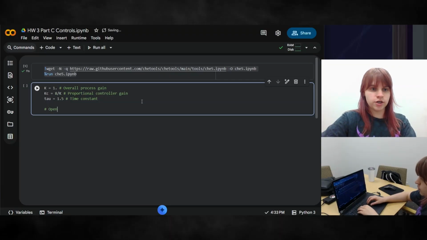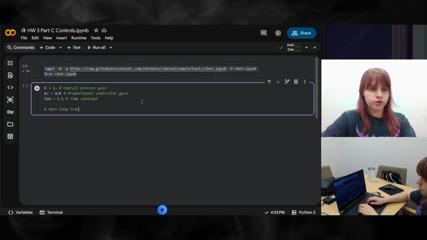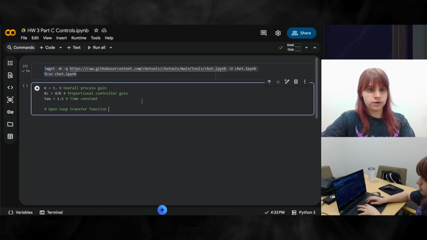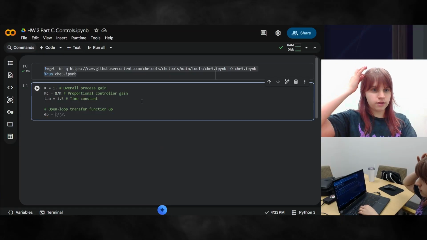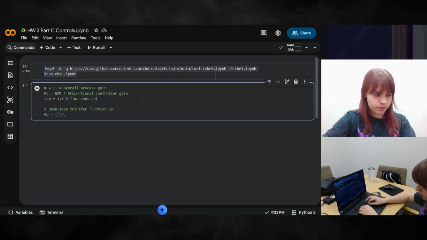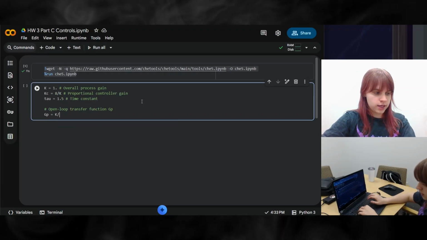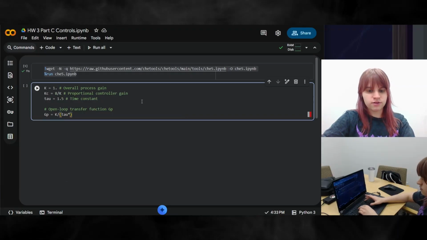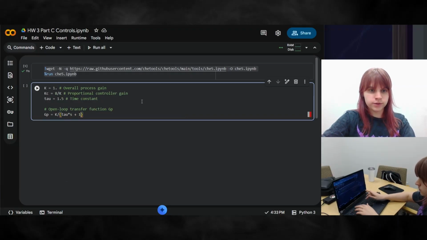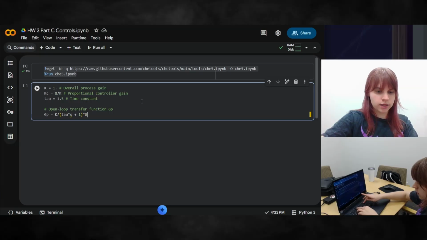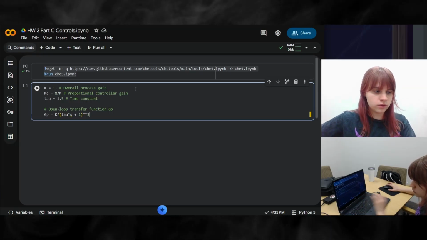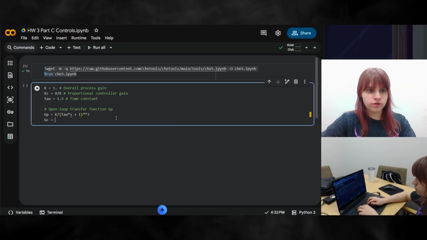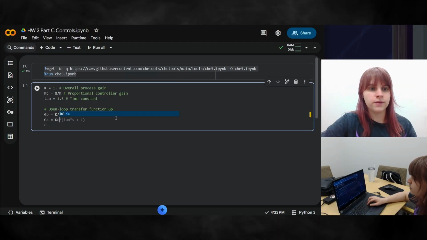We need to define our open loop transfer function, which is GP. I think this was in a previous video part, but we have GP is equal to K divided by tau times s plus 1, and this should be cubed. Our controller transfer function, we're just going to set equal to Kc.